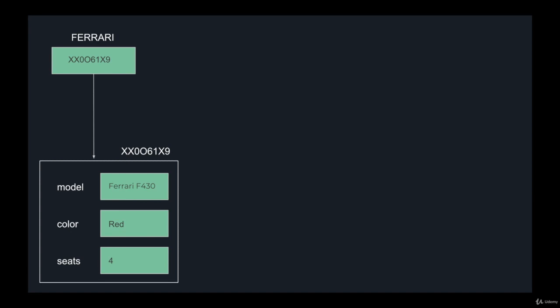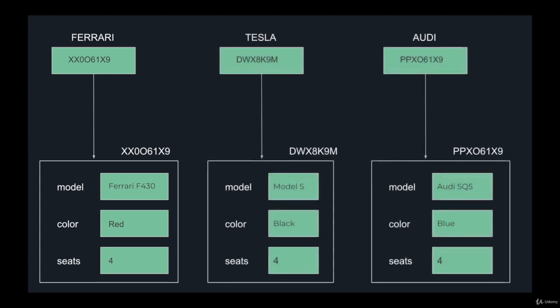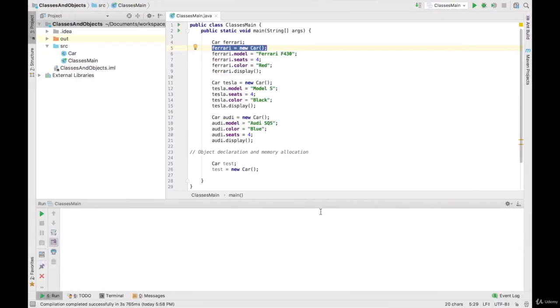And in a similar way it works for all the other objects. Like in the last lecture we created multiple objects of Tesla, Audi, and these reference object variables were pointing to the corresponding memory blocks, and data was stored in those corresponding memory blocks. So this is how object creation in Java works. Whenever you declare an object, a reference variable is created in memory, and when you use the new operator, memory is actually allocated to that particular object.